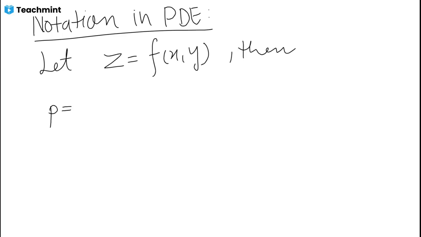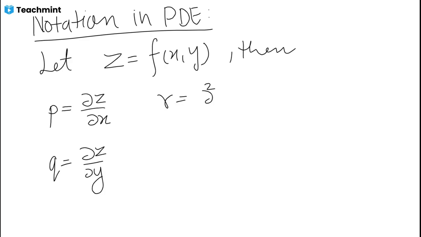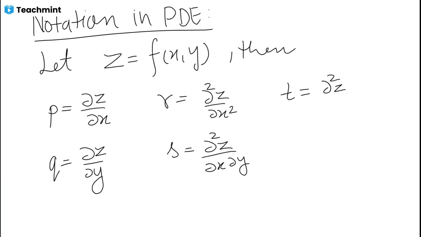Small p is equal to the partial derivative of z with respect to x, and small q is equal to the partial derivative of z with respect to y. r is equal to the second order derivative of z with respect to x, s is equal to the second order derivative of z with respect to x and y both together, and t is the second order derivative of z with respect to y.